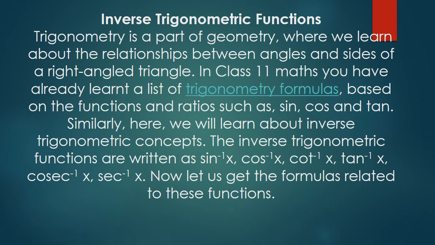In class 11th, you have already learned about trigonometric functions and formulas, in which trigonometric ratios like sine, cos, tan, sec, cosec, cot, these trigonometric ratios you have already studied.